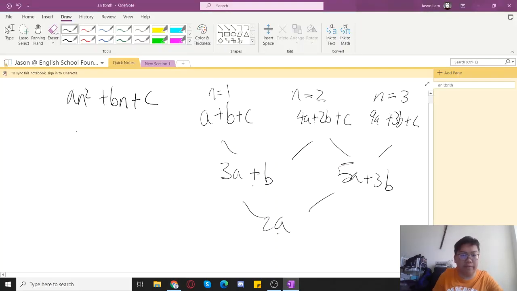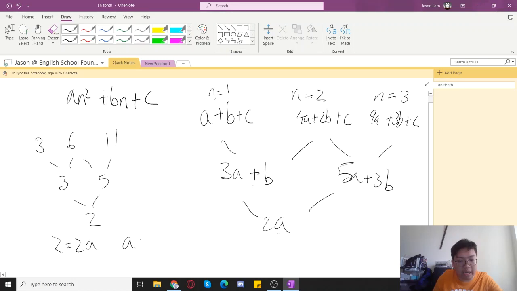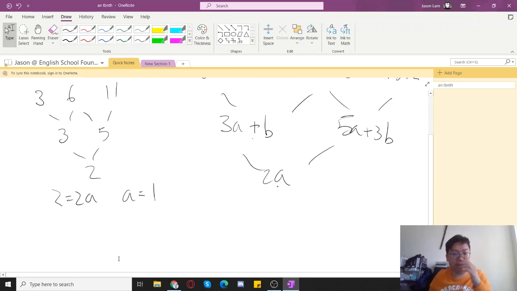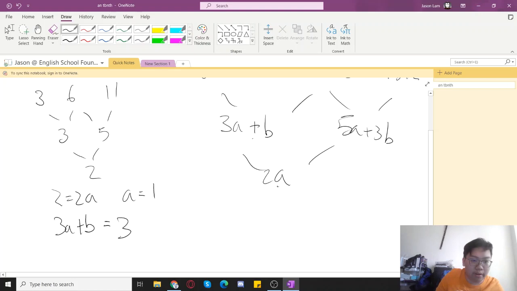So first difference between. I'll just write out the numbers and try to put them in sync. So from that, 2 equals 2a, therefore a equals 1. That already helps our sequence. So 3a plus b is equal to 3.